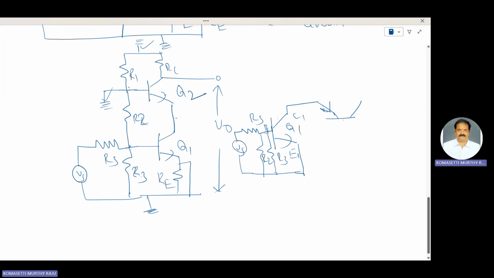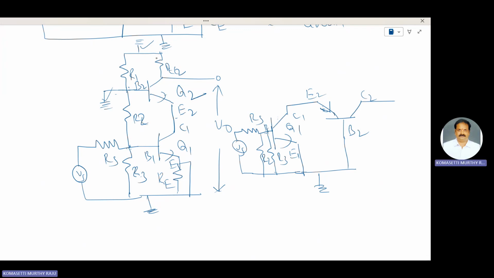This one is base 2, this one is E2, this one is C2. E2 is also connected to ground. B1, E1, and C1. E2, B2, and C2.